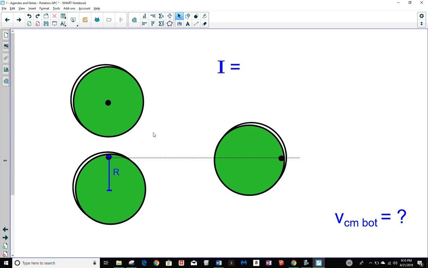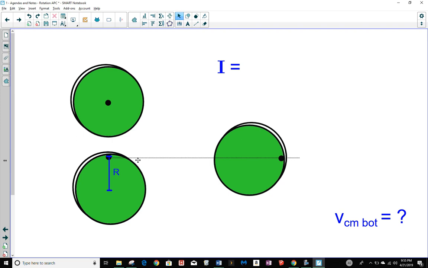Okay. So to find the moment of inertia of this, well, first let me start by saying why it would make sense to look at this from a conservation of energy standpoint. The big thing is just the complexity of this. There's too many things changing to look at this from a net torque equals moment of inertia times angular acceleration standpoint.